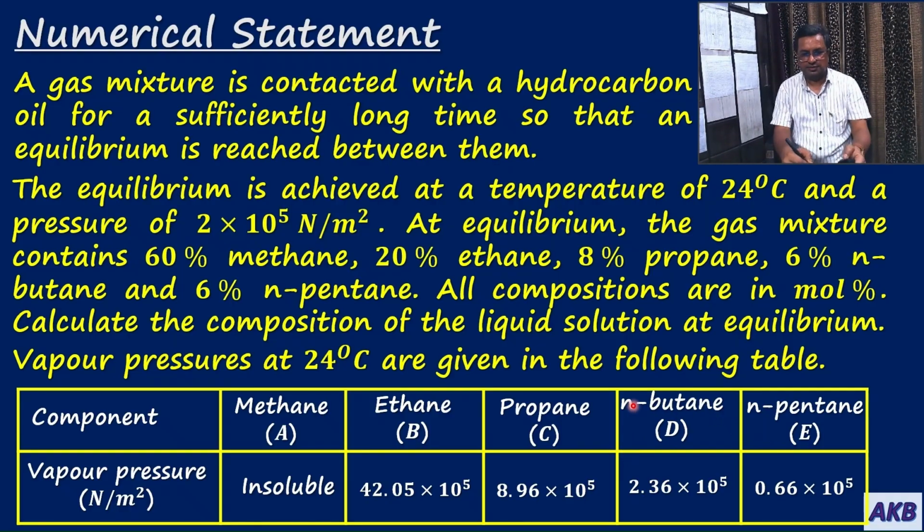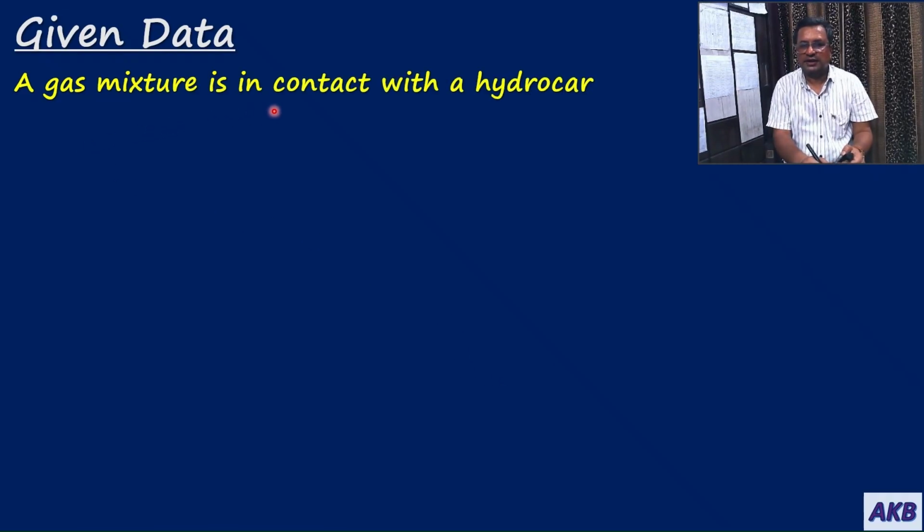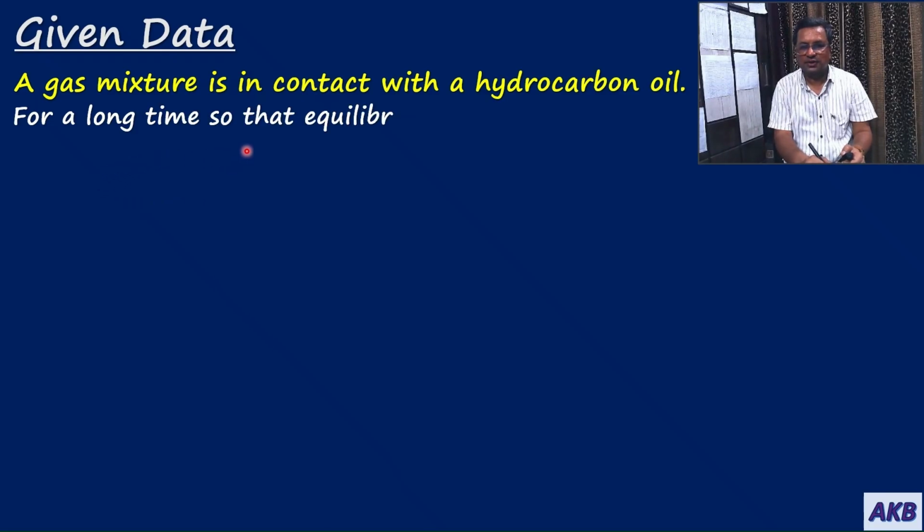Let us move ahead. First we will list what is given to us. We have a gas mixture that is in contact with a hydrocarbon oil for a long time, so that equilibrium is established between the two phases.